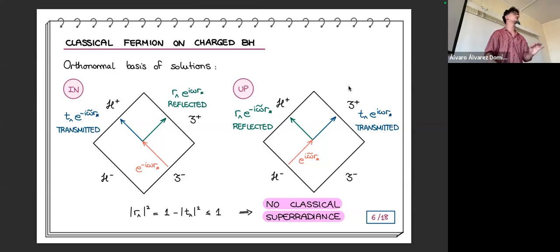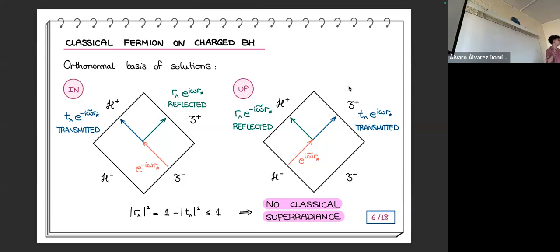Okay? We do not have classical superradiance with fermions, but I said before that we did have classical superradiance with scalars. So in case of the modes, the fact that R is smaller than 1 means that there's more things going out. Yeah, no, because R could be very small, smaller than 1, and we could have reflected radiation, but we wouldn't have a larger amount of radiation than the incident one, that is a unit flux.